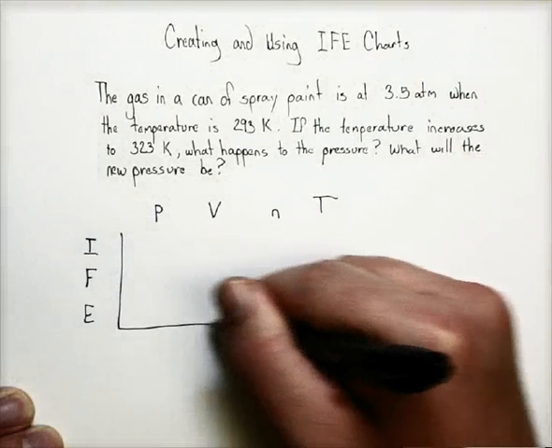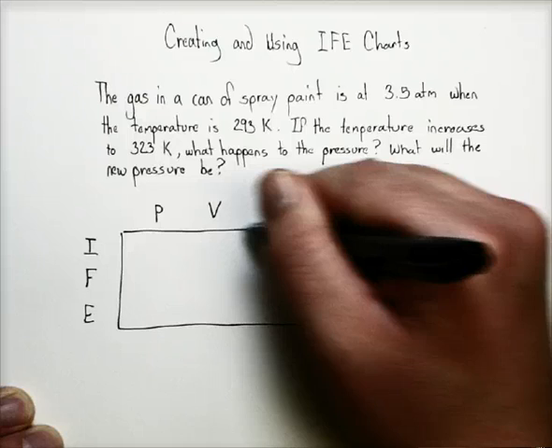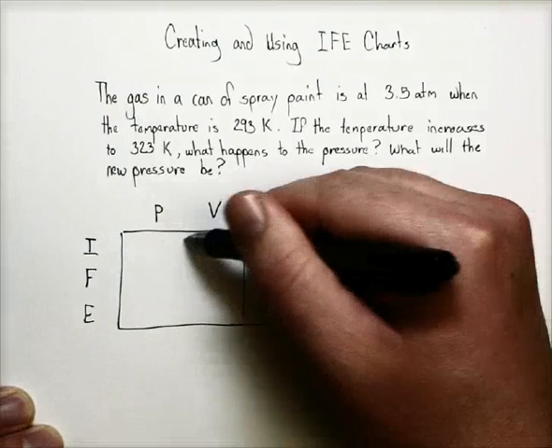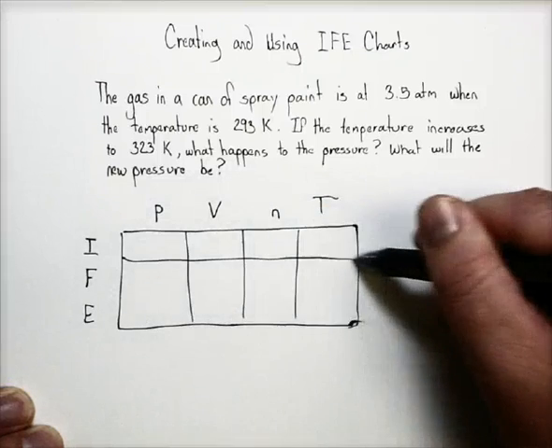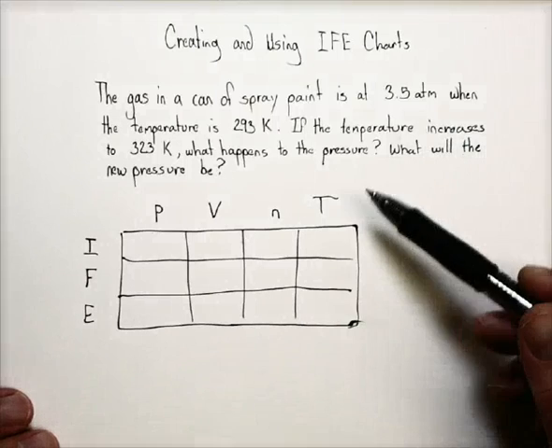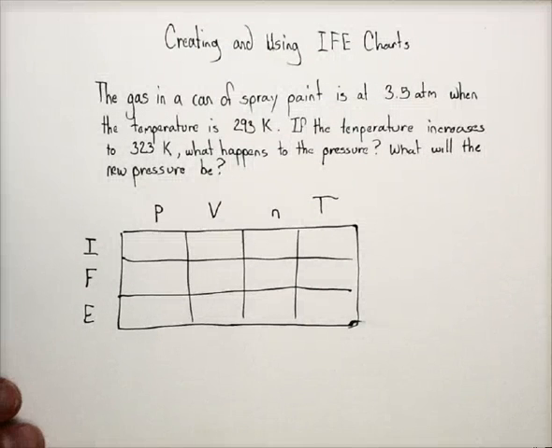And we're just going to create a chart with these. Anytime we have a problem like this where we have changes in all these factors, we can use this chart.